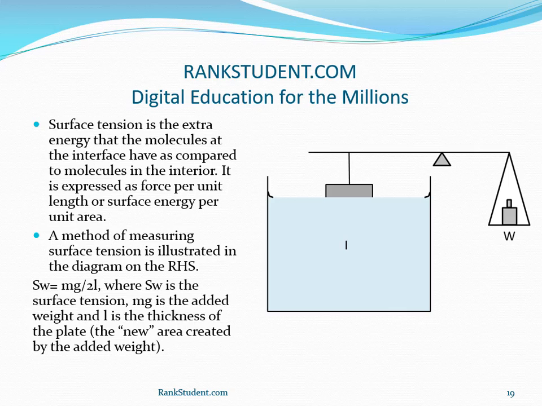From the diagram, the surface tension is equal to mg over 2L, where S is the surface tension, mg is the added weight on the right-hand side, and L is the thickness of the plate, which is the new area created by the added weight.